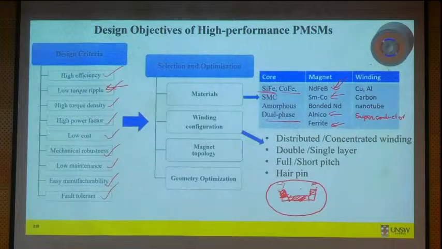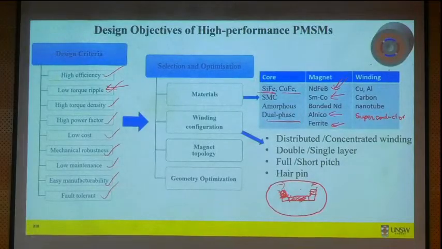You may try to see, for the same rotor, if I use a distributed winding, how is its performance, or if I use concentrated winding, how is its performance, which one I should prefer, right? Which will give me the best option to obtain my objectives. So this choice could also be part of optimization. Okay?